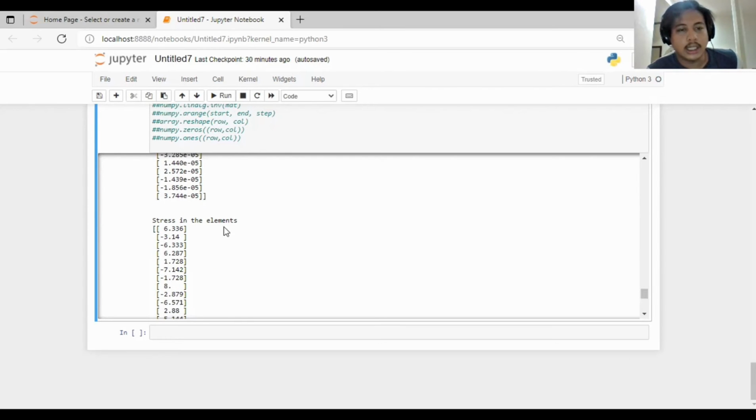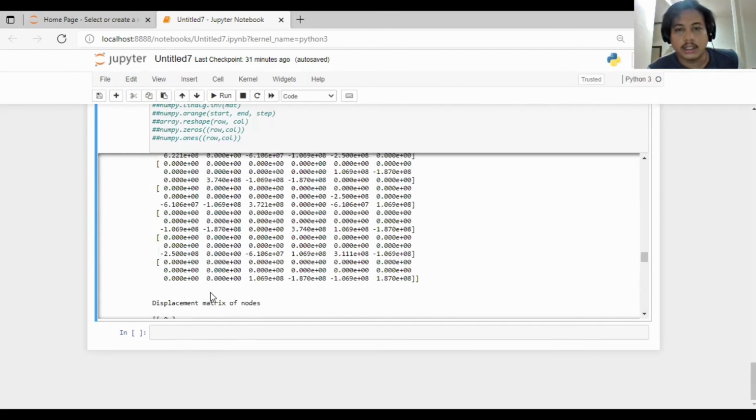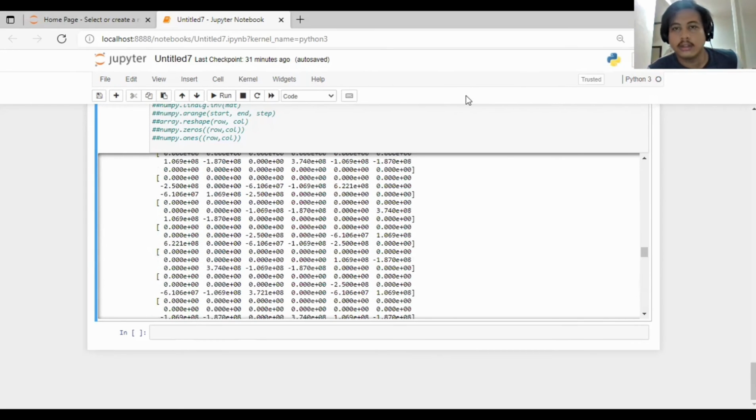And this is the stress in the elements in every component. We have 15 samples in this project, and this is the force in elements, just like this. Okay, we should switch again to my presentation, my PowerPoint.